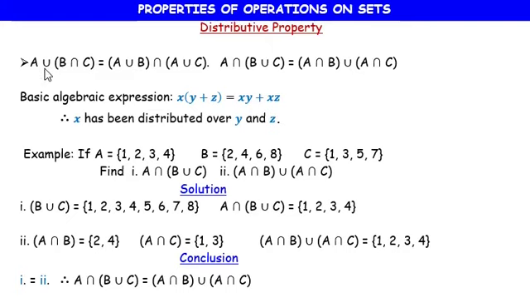So we have A union, in brackets, B intersection C, right? So the A is outside and then B and C are in the bracket.